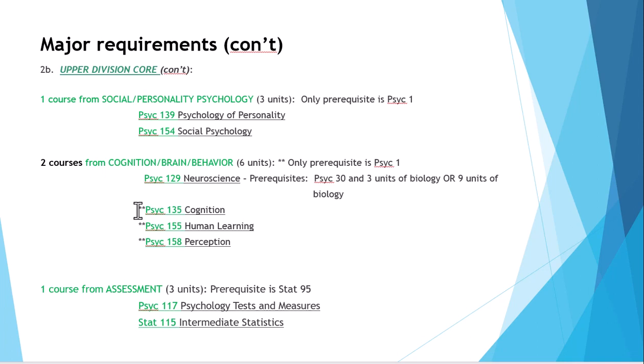Okay, well, now you have the choice of taking either 129 neuroscience or 158 perception as a psychology elective. So you can take one or the other or both. All right, so just as long as you did not use the class to fulfill one of these requirements, any other psychology course that you enroll in could be used as a psychology elective.